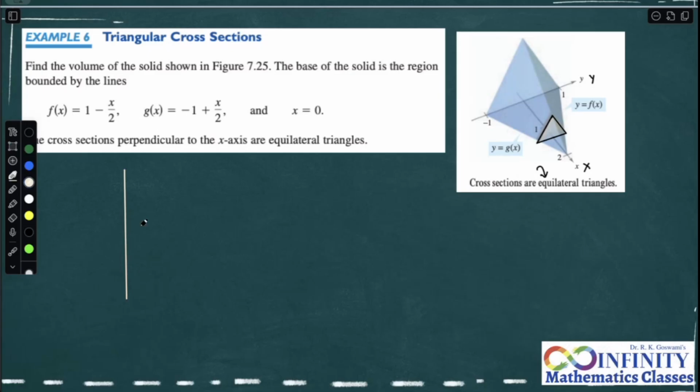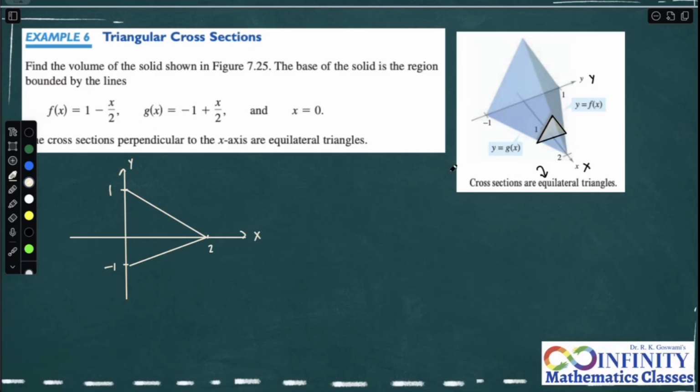Forget about anything else. This is the horizontal x-axis, and the y-axis. y has a limit from -1 to 1. So this is going to be 1, and this is going to be -1. The value of x is going to be up to 2. They are joining them. This is the part given to us.